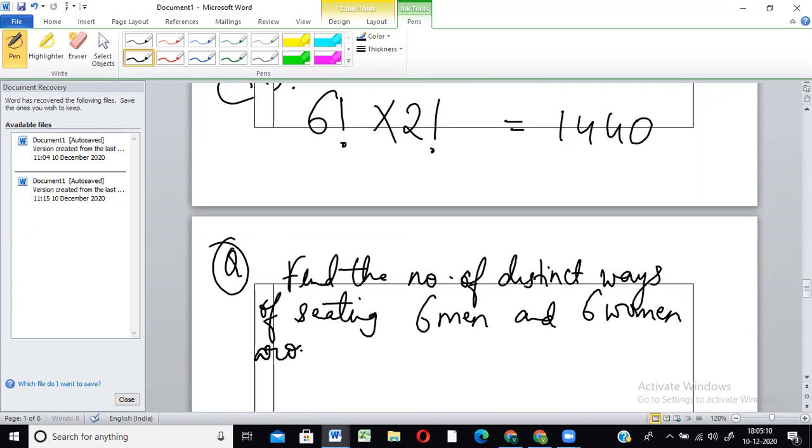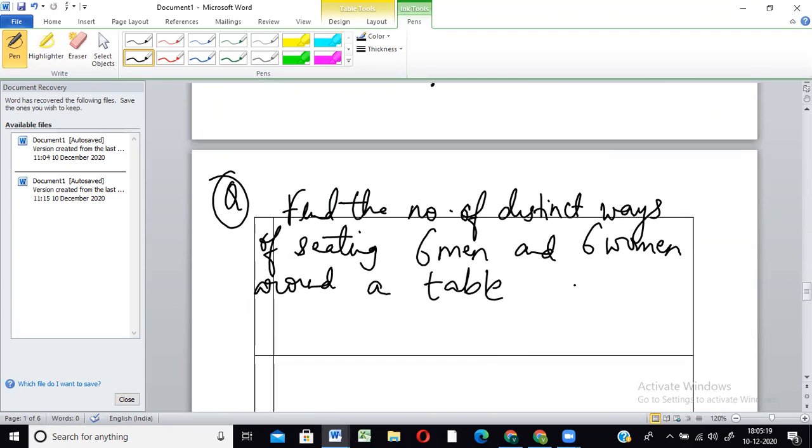Whenever such words come, around a table, or around a circular table, or a round table conference, it should strike you that it has something to do with circular permutations.